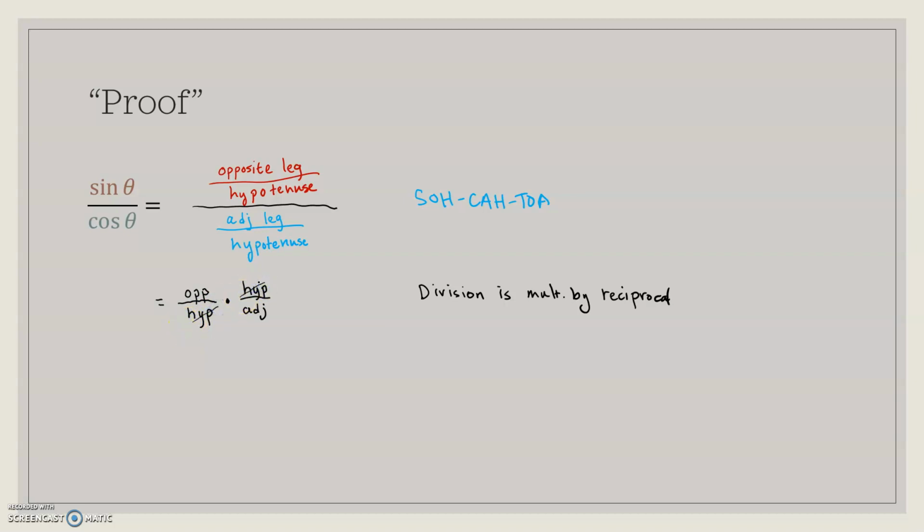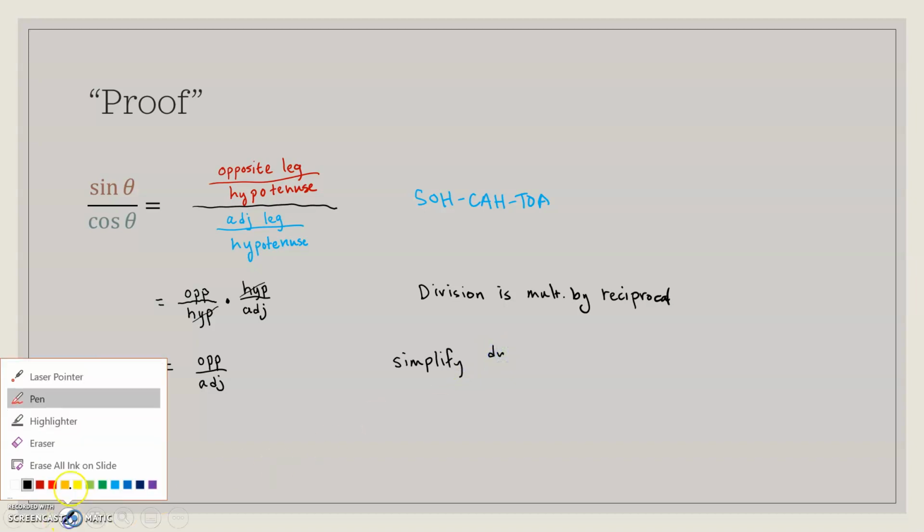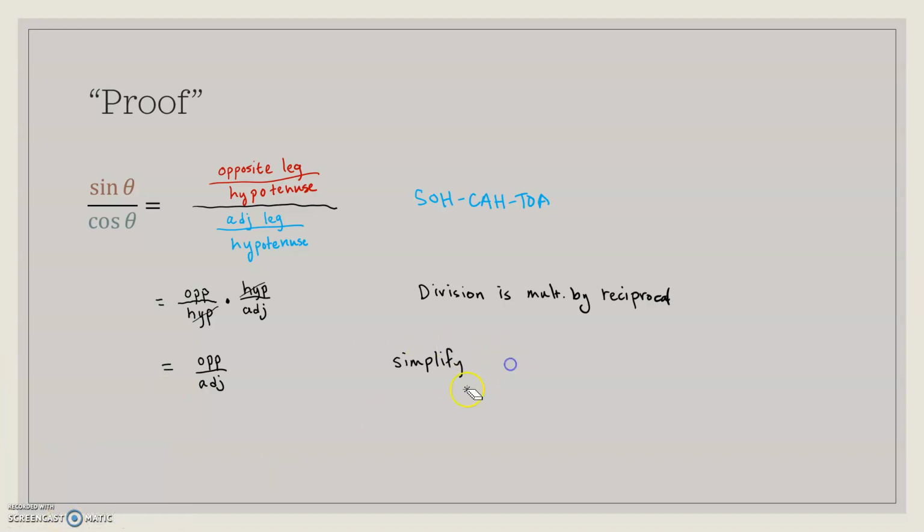So those can divide and make 1, and so I wind up with opposite over adjacent. And the reason for that is simplifying. I'm just saying the hypotenuse divided by the hypotenuse is equal to 1, so I don't really need to write that.